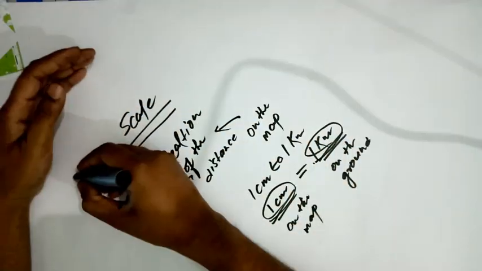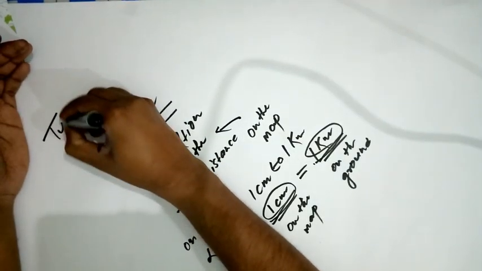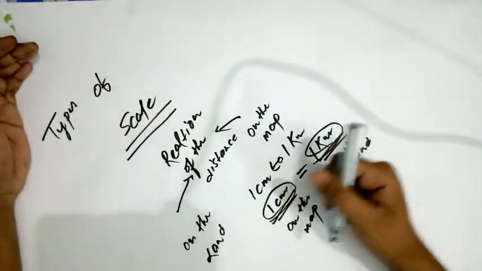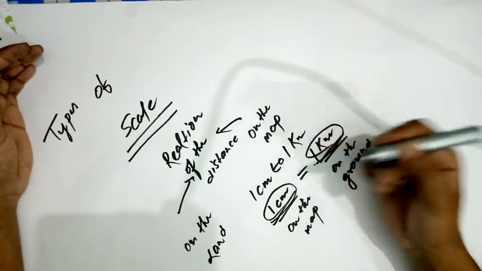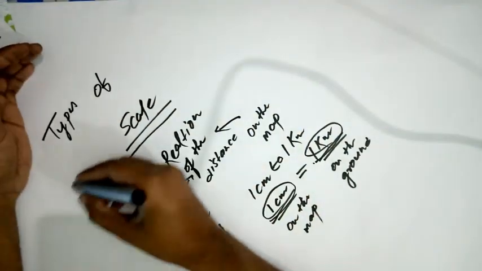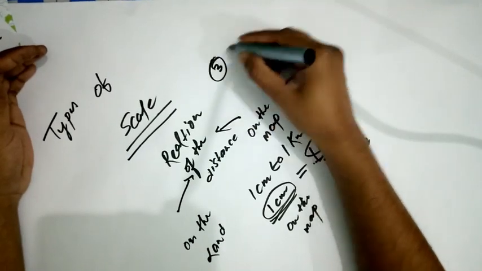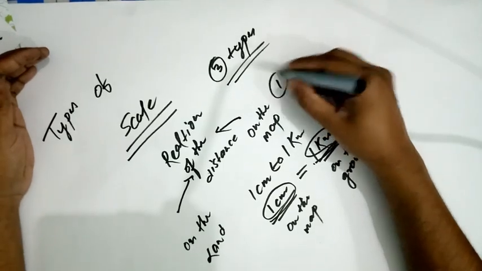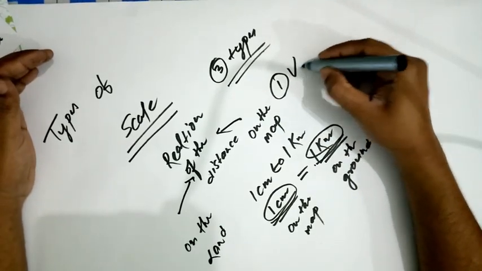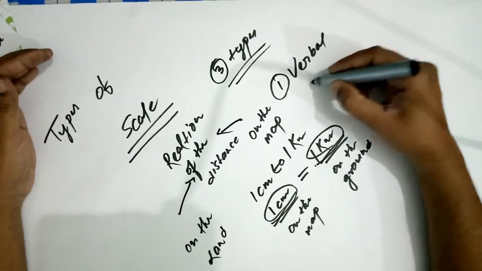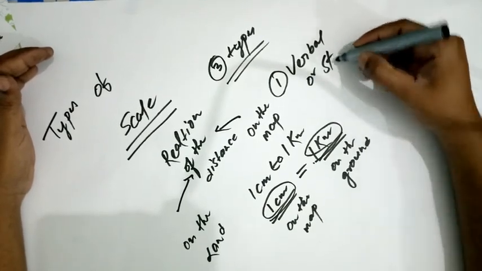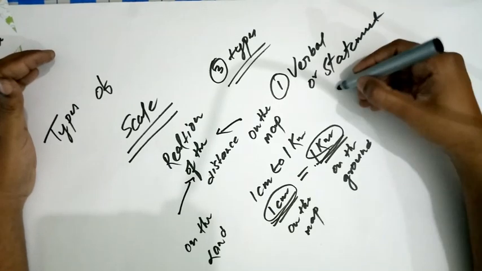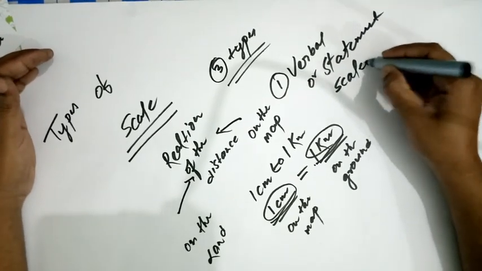Now we will start with the types of scale. There are 3 types of scales. Number 1, verbal or statement scale.